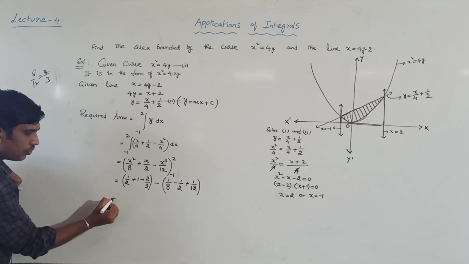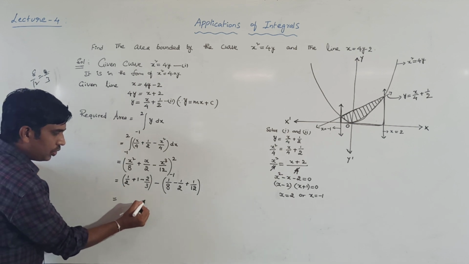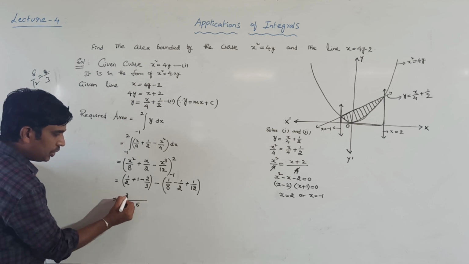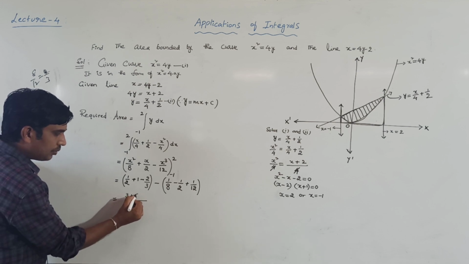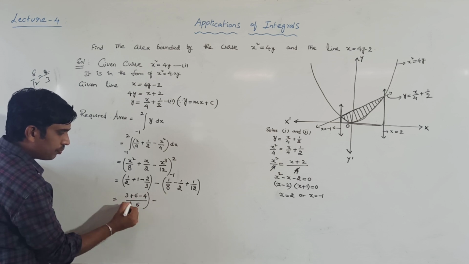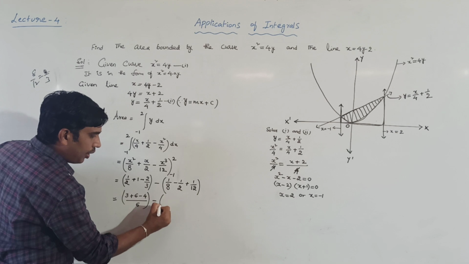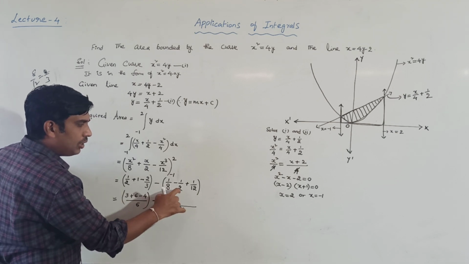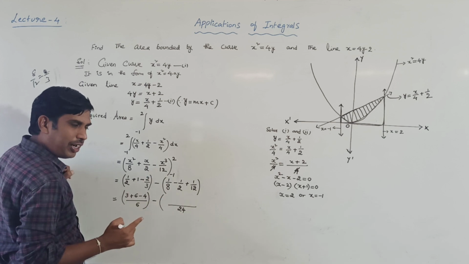So therefore, here you simplify this one by taking LCM as 6. What will we get? 3 plus 6 minus 4. Again here the LCM is 24. For 8 and 12 the LCM is 24.